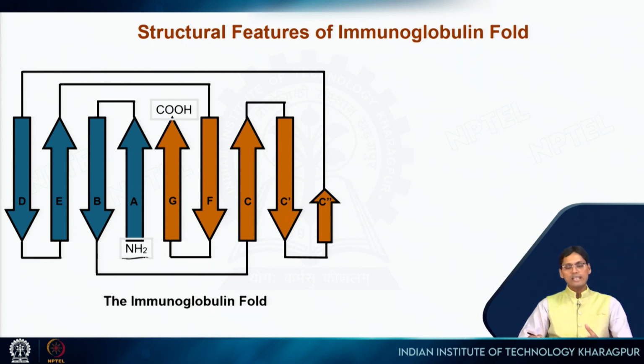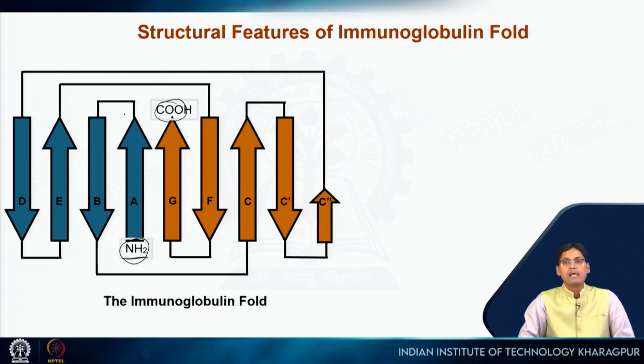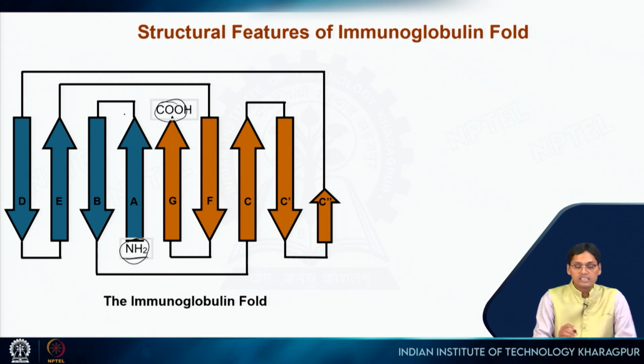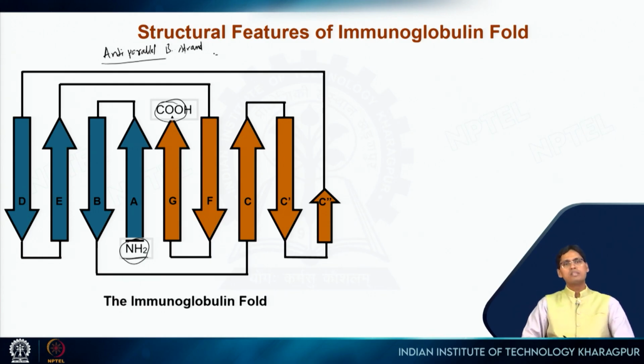Here, this is all beta strands, this is the N-terminal region, and this is the C-terminal end of the protein. And what kind of beta strands? These are all anti-parallel beta strands.